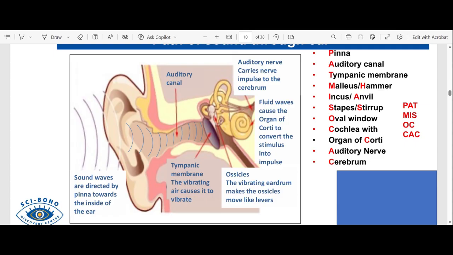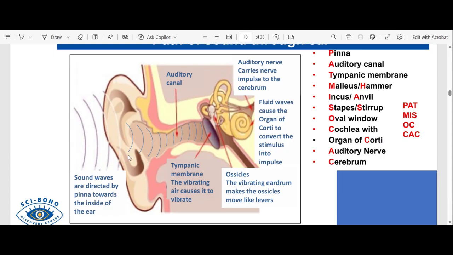So that's the process of hearing. I hope that makes a lot of sense.